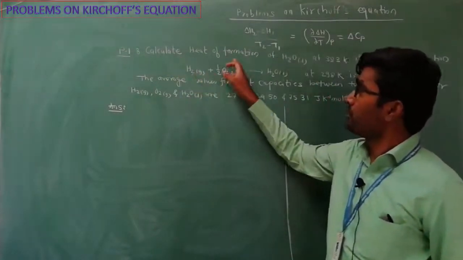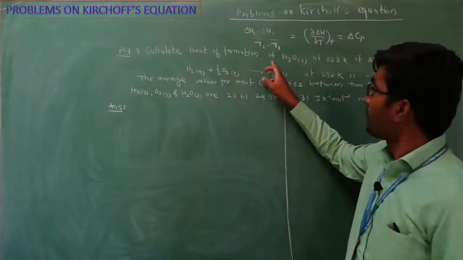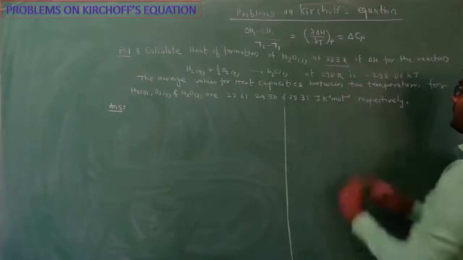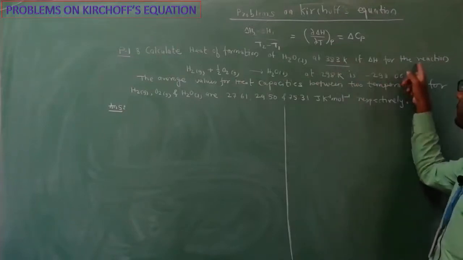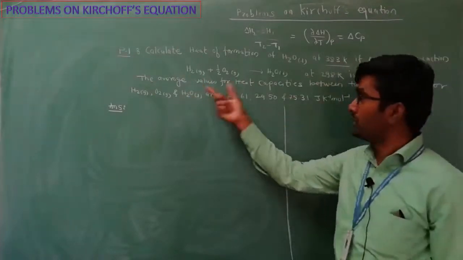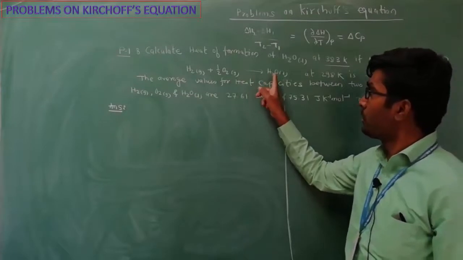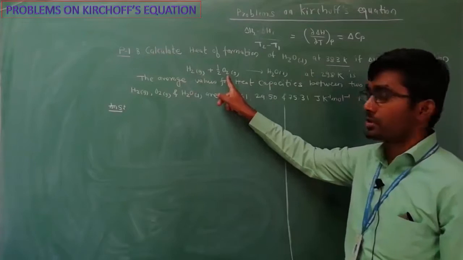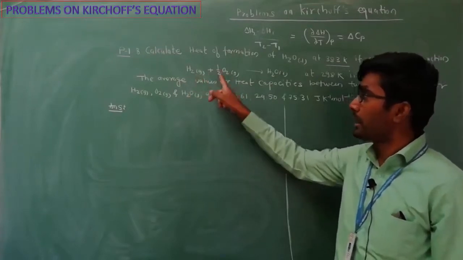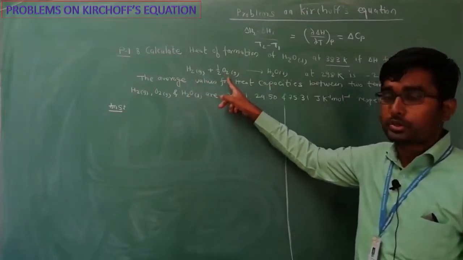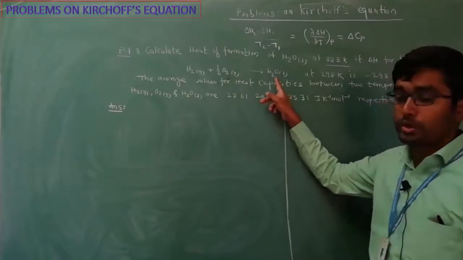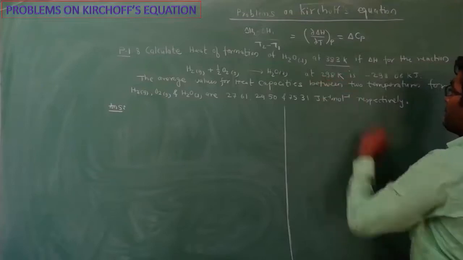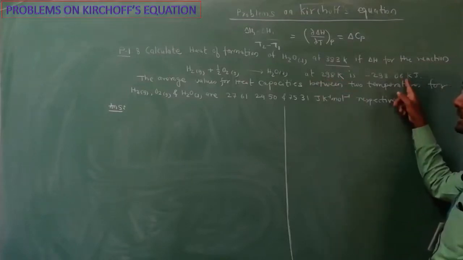Calculate the heat of formation of water at 383 Kelvin if the heat of reaction for the reaction, which is the formation of water, where water is formed from hydrogen and oxygen, so 1 mole of hydrogen and 1 half mole of oxygen will give rise to liquid water, at 298 Kelvin is minus 298.06 kilojoule.